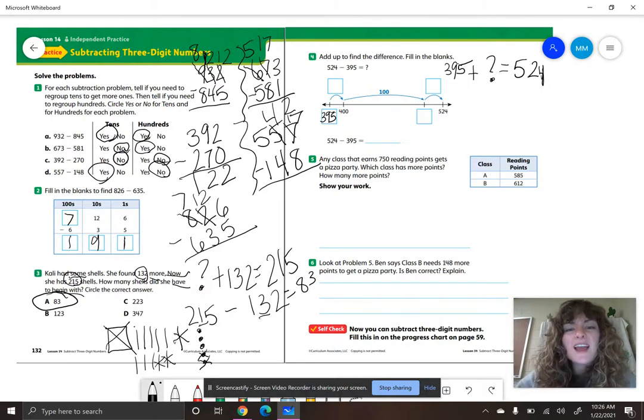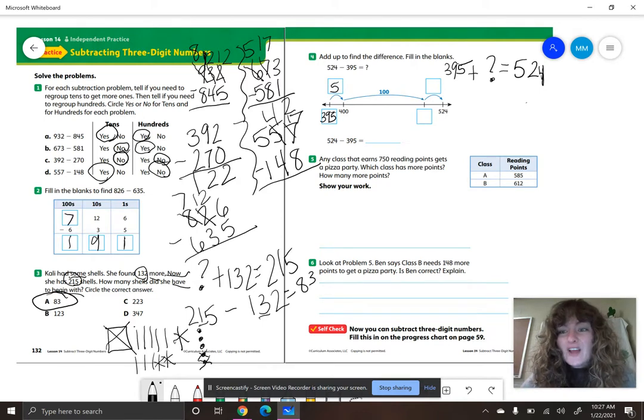So it looks like our hundreds, tens, and ones are going to be changing. Think about 95. How close is the number 95 to 100? 95, 96, 97, 98, 99. How many more do we need to add to 395 to have 400? 5. So do you smarties see that?